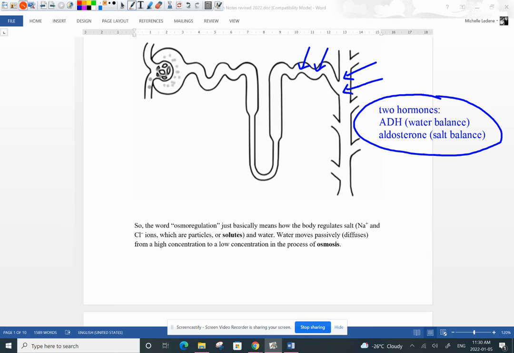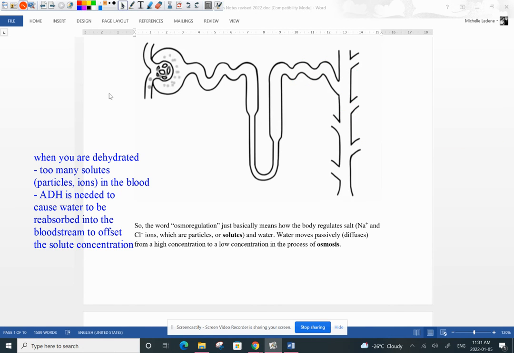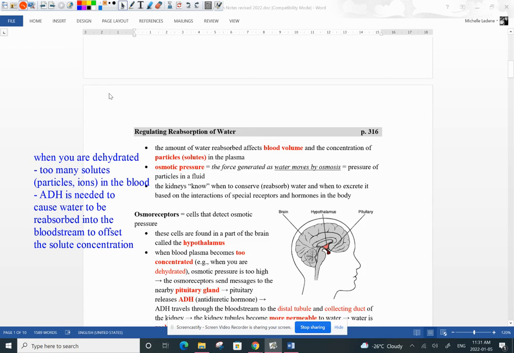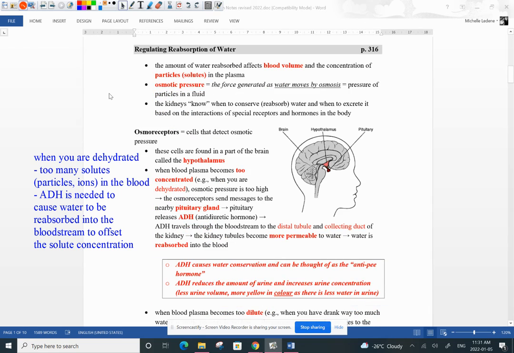And when you need to reabsorb more salt, when you don't have enough salts or solutes, then you send out the hormone aldosterone. And again, they both act on the distal tubule and also the collecting duct to alter the final concentration of urine. So that's where we're going. This booklet is talking about how do we regulate water versus salt.